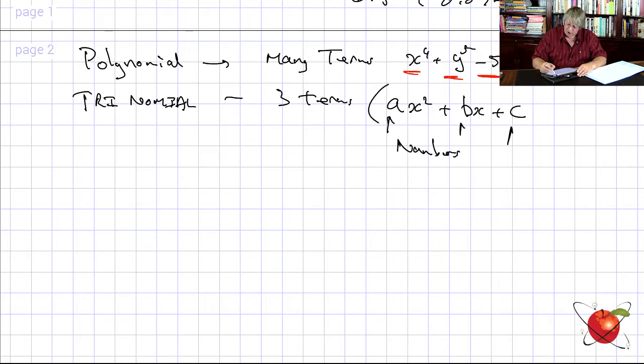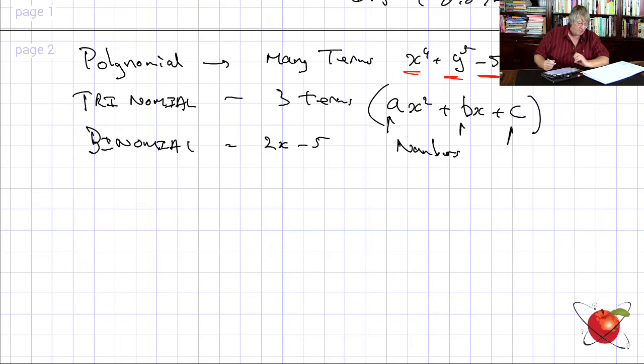So it generally looks like that. It could be 1x squared plus 3x minus 5. I'm just showing you that's a general form of a trinomial, also called a quadratic in many cases, right? If it's a power of 2, it's a quadratic. A binomial is 2 terms, okay? So a binomial is equal to 2x minus 5.